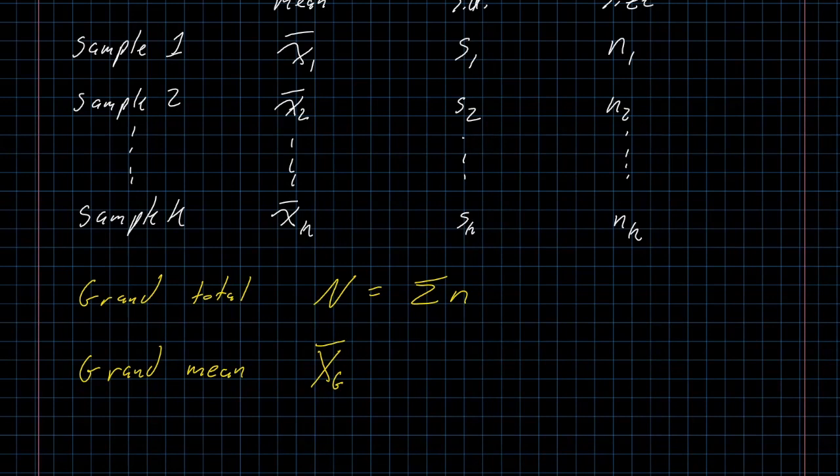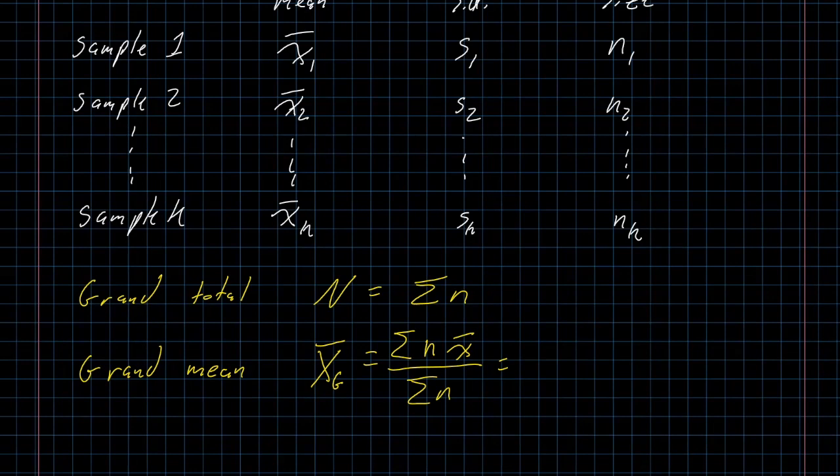And what we're going to do is literally, if we had all of the individual data, we would add up all of the scores from all of the samples and bring them all together. Since we don't want to do that, we're going to take this as a weighted mean. We're going to weight the mean of each group by the number of elements in that group, and we're going to divide by the sum of the number of elements in all of the groups.